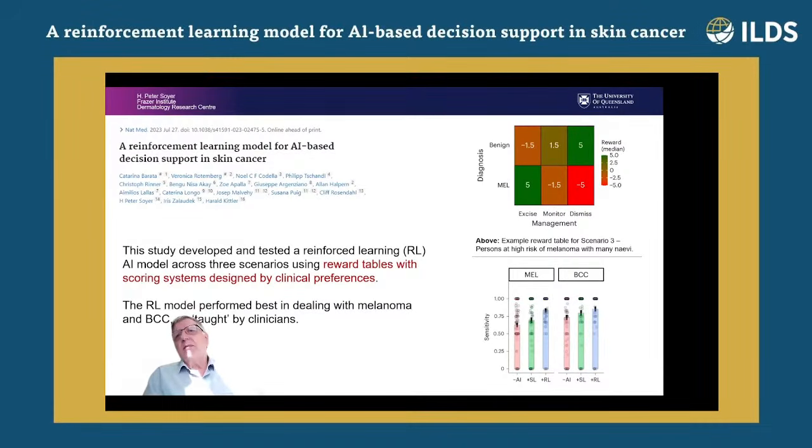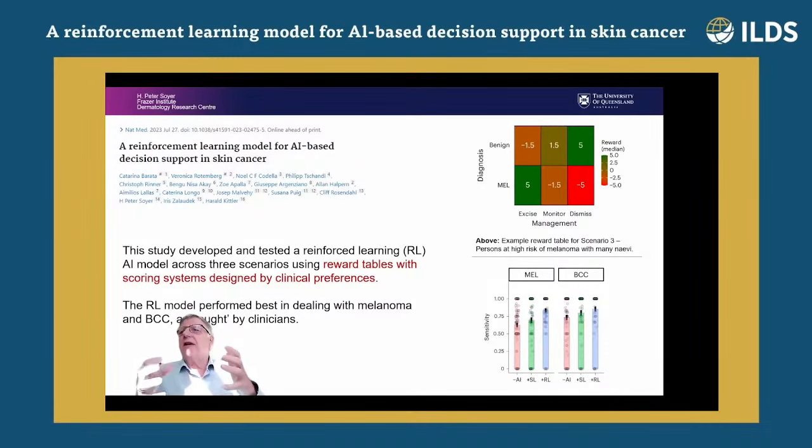Another manuscript on this topic, published in Nature Medicine a couple of years later, basically focused on the value of reinforcement learning for AI-based decision support in skin cancer. As you can see in the upper right corner, there are reward tables with different rewards.